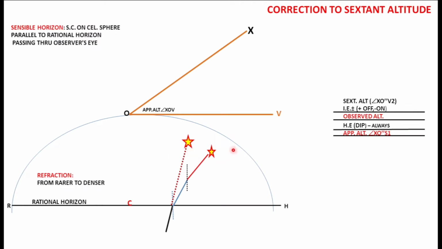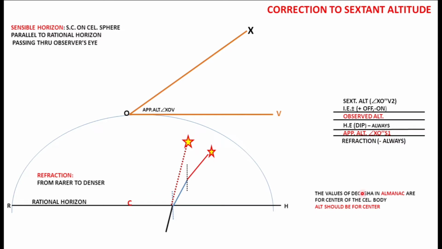Instead of the body being here, what the observer sees due to refraction is here. So what he sees is always more than the actual altitude. So the effect of refraction has to be taken into account to get the correct value of the altitude. And as refraction makes the bodies look higher, you will always subtract the correction for refraction.